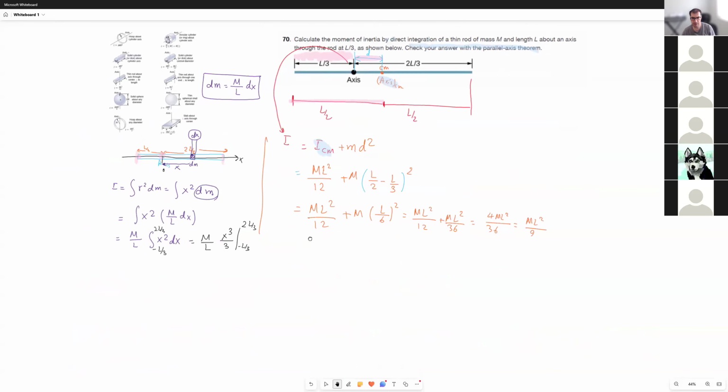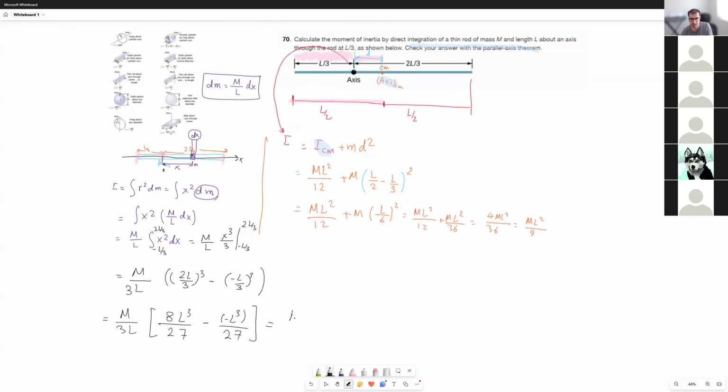Then this is going to give me m over 3L times 2L over 3 cubed minus negative L over 3 cubed. So m over 3L, this 2 cubed, 8L cubed divided by 27, minus negative L to the power 3, is going to give me negative L cubed divided by 27.